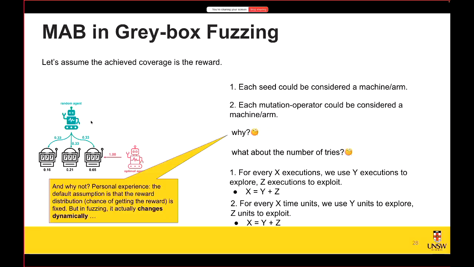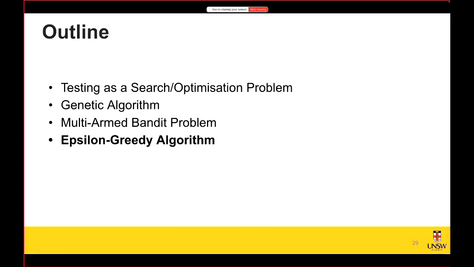So based on my personal experience, modeling gray box fuzzing as a multi-arm bandit problem is an oversimplification. But in this course, let's just keep things simple, and that's how we can model testing as a multi-arm bandit problem.